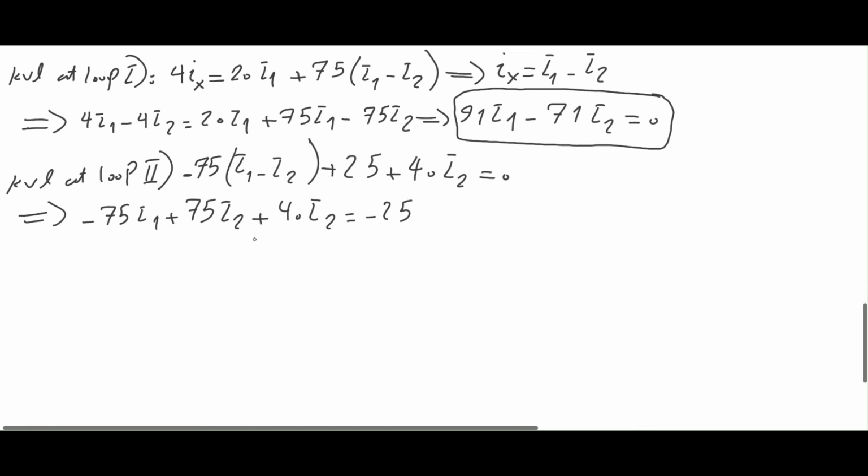So I can say minus 75 I1 and then I have 75 plus 40, that becomes 115 times I2 equals minus 25.